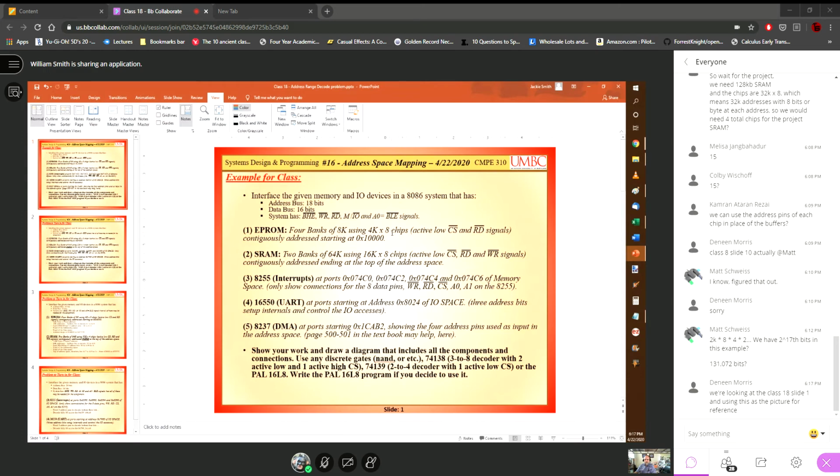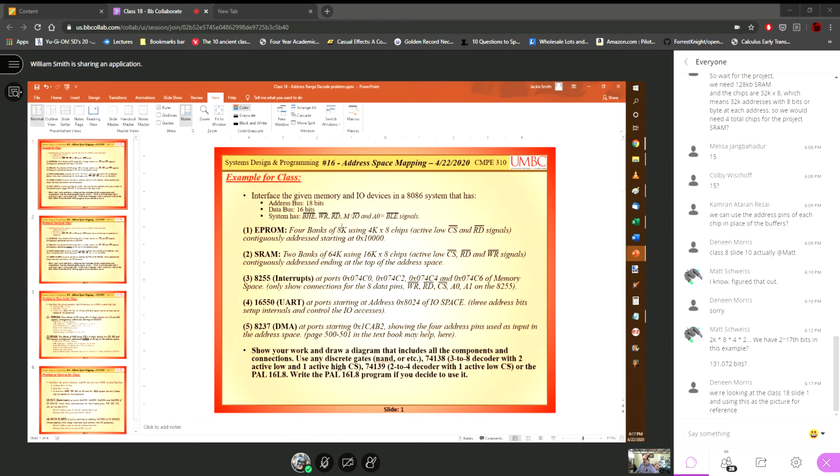So this is what we're designing here. We're working out the example for class from this one. If you've got your PDF file, we're looking at class 18, address space mapping, slide number 1, and we're trying to build this memory space here.